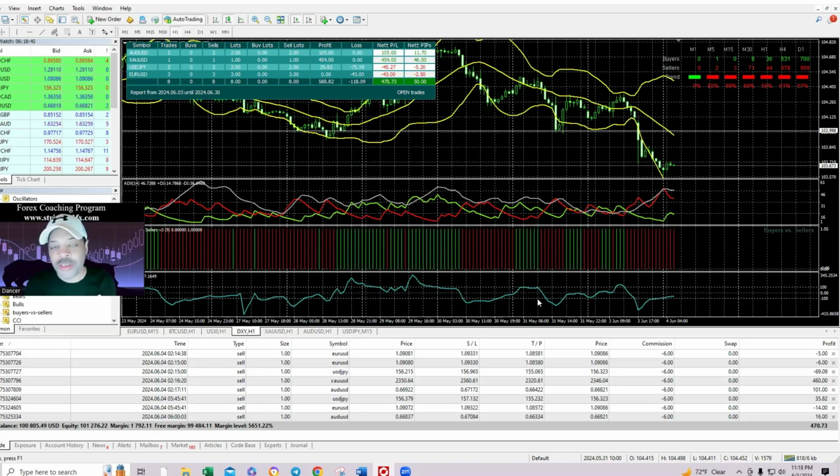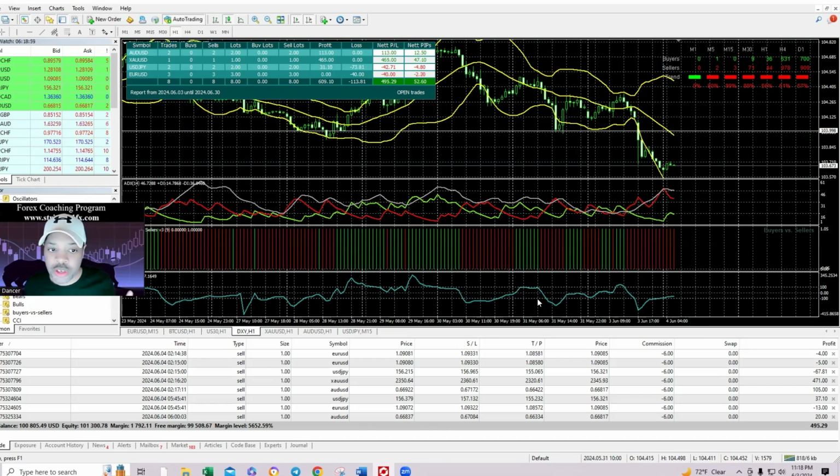What I have done for you guys is I have given you the settings to use. But you still have to know which direction to trade in. Should you be doing only sells or should you be doing only longs? When I use Galileo, I do not use both. I only use one at a time.